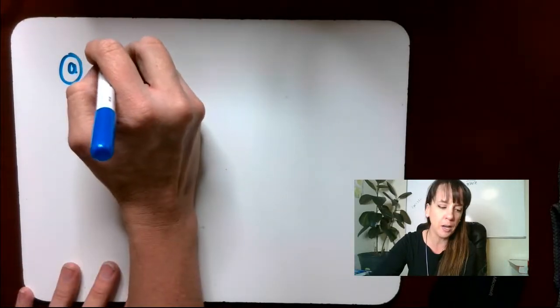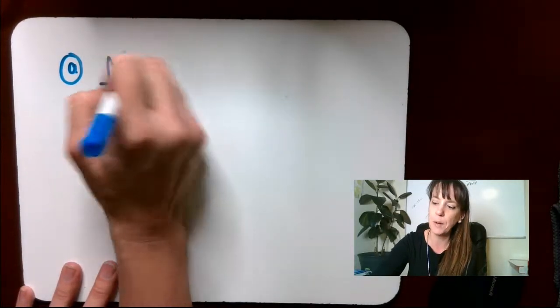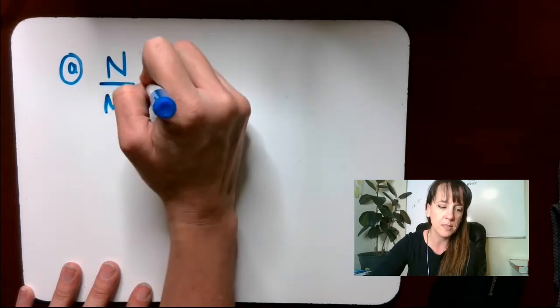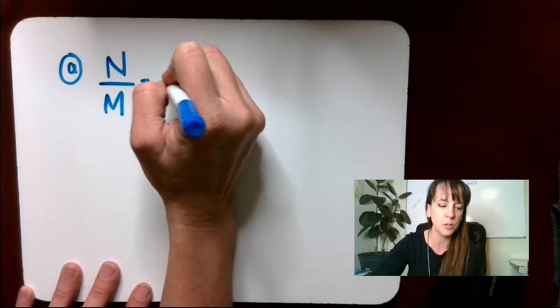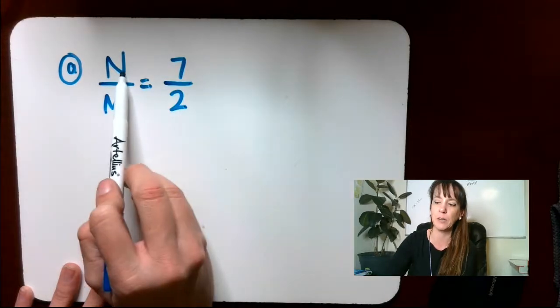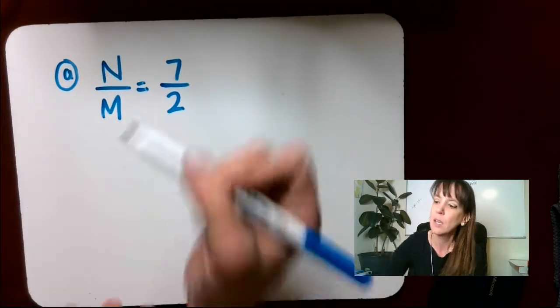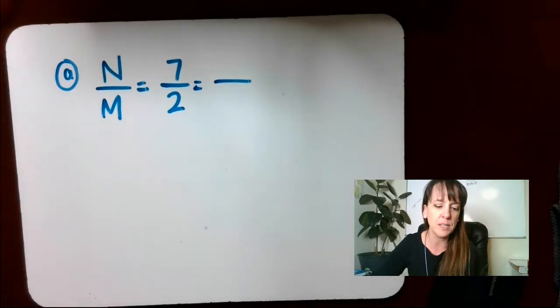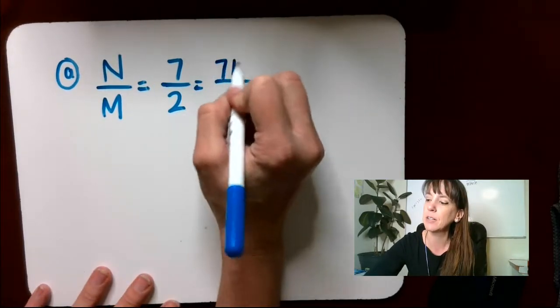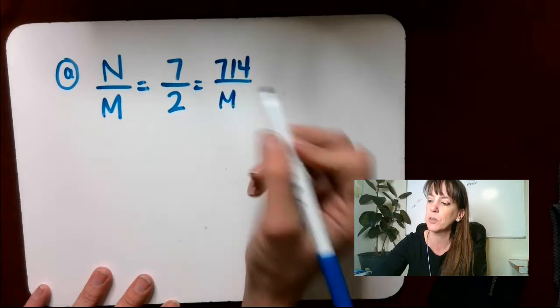The ratio of neophytes to masters was 7 to 2. Notice I'm being really careful that it has to be in order, respectively. Equals, if there were 714 neophytes, so that's going to go here, 714, how many masters were there?